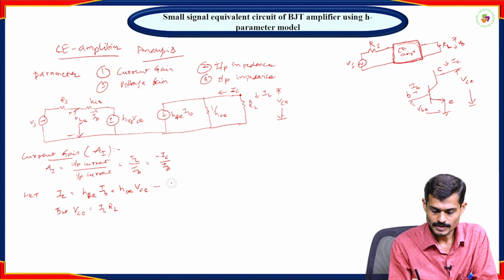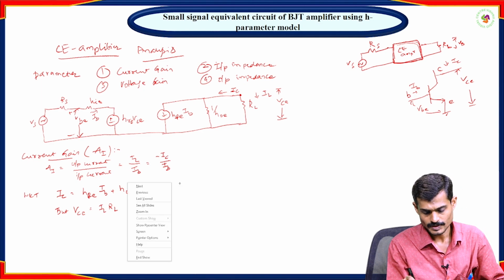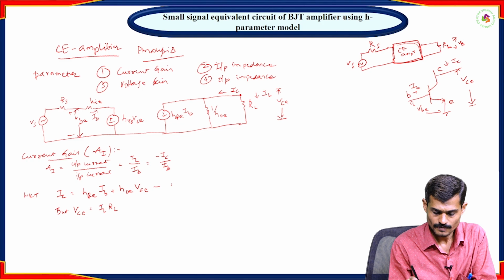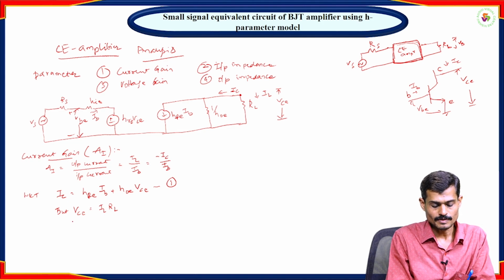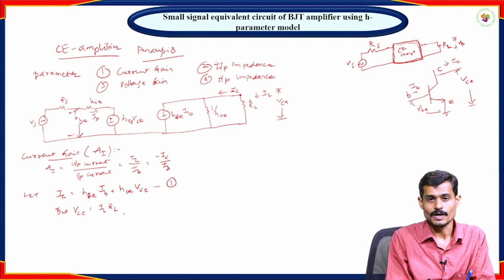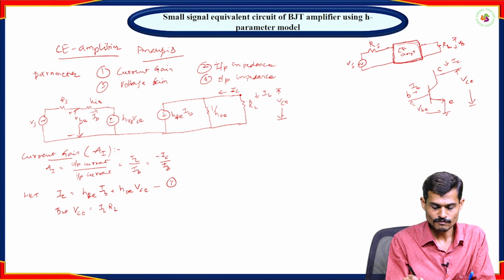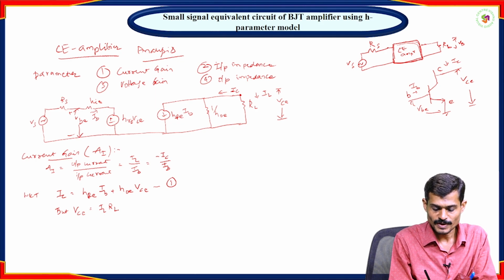Let us take this as a small equation 1. We know that VCE equals IL into RL. I am substituting VCE in this equation.